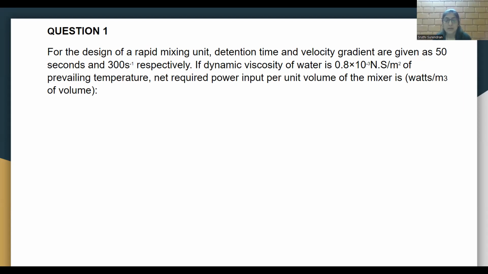If you multiply all three values, you will get the power in units of watts. Here they have asked for power input per unit volume. In that case, you just have to reshuffle the variables in the equation and find the answer. The power equation is P equals mu V G square. Mu is dynamic viscosity, V is the volume, G is the velocity gradient.